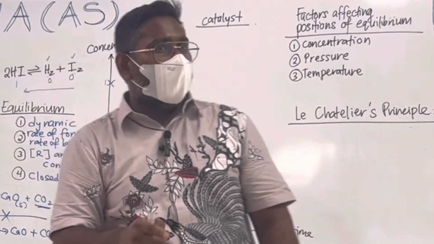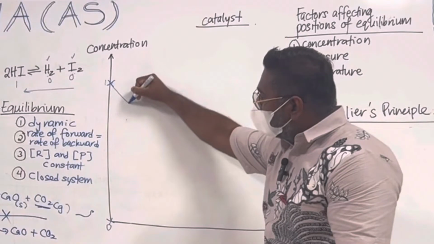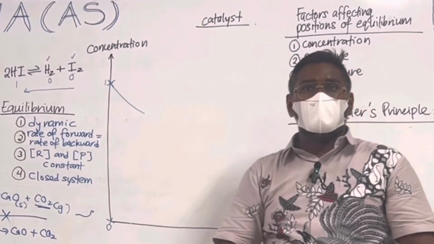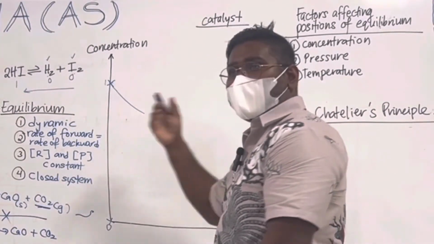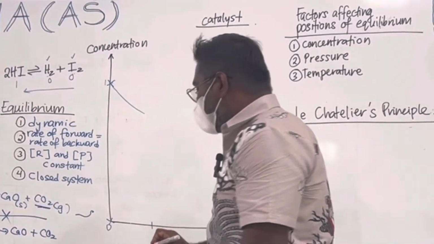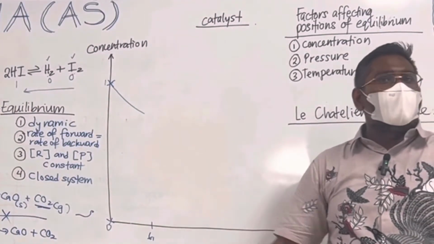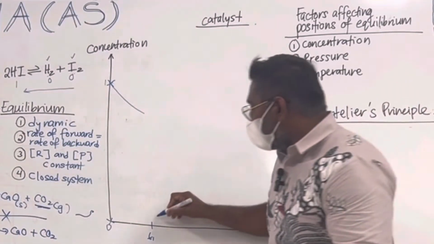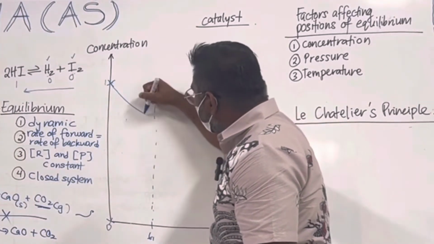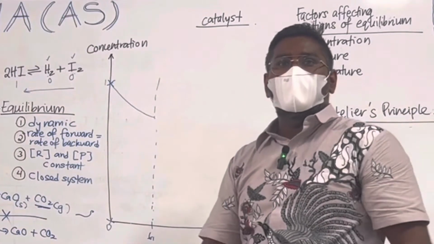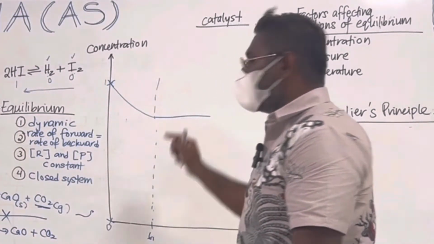So now what happens? Here, the HI will react and decrease, up to a certain time. This is the time where they reach equilibrium. You see what happens at the time when they reach equilibrium. They will decrease, and then the concentration will become constant.